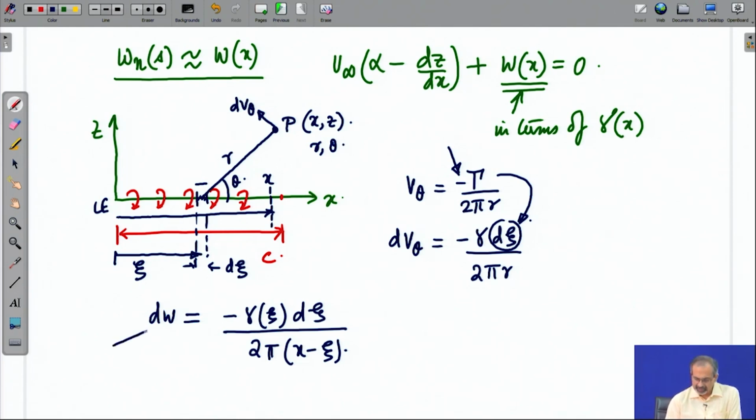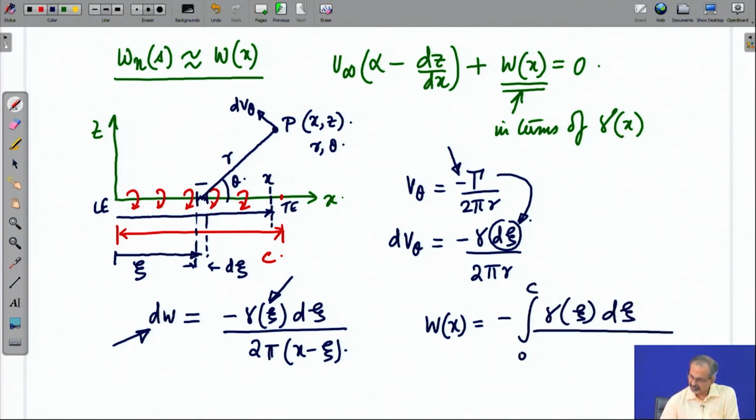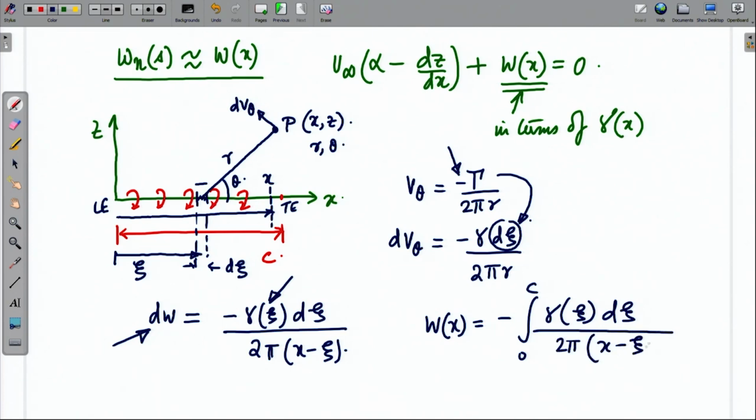At that location, this is the dw that it induces. So, if we sum up these dw's by taking into account all the elemental vorticity that we have spread along from leading edge to the trailing edge, we have an expression like this, an expression of w x given like this.